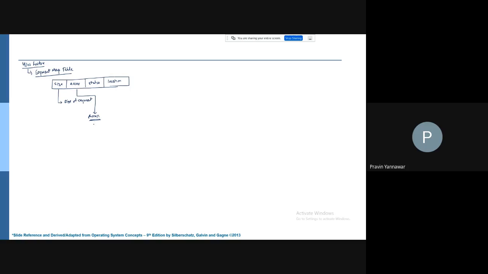E stands for execute, R stands for read, and W stands for write. Okay, read, write, execute. So whether you are allowing read, whether you are allowing execute, or whether you are allowing write.